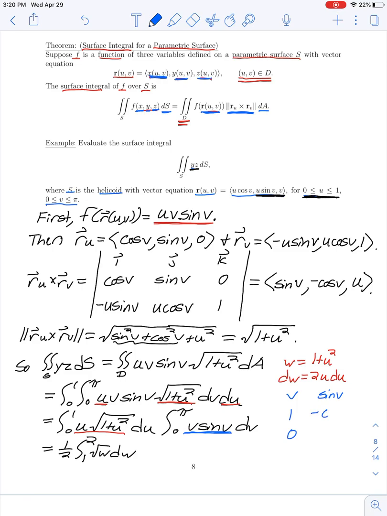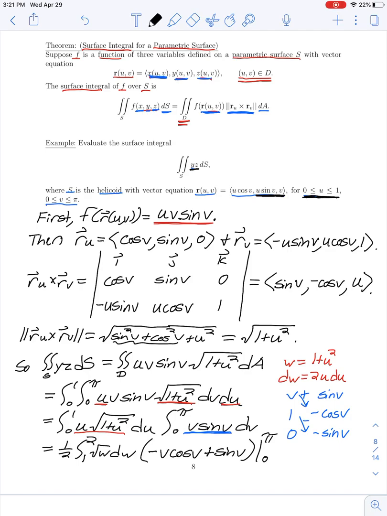Integrating sine of v, we have negative cosine of v, and then integrating negative cosine v, we have negative sine of v. The tabular method for integration is just a shorthand method for integration by parts twice. We match these terms according to the sign plus and minus. And so we have, for the antiderivative of v sine v, negative v times cosine of v plus sine of v, which is being evaluated from 0 to pi.